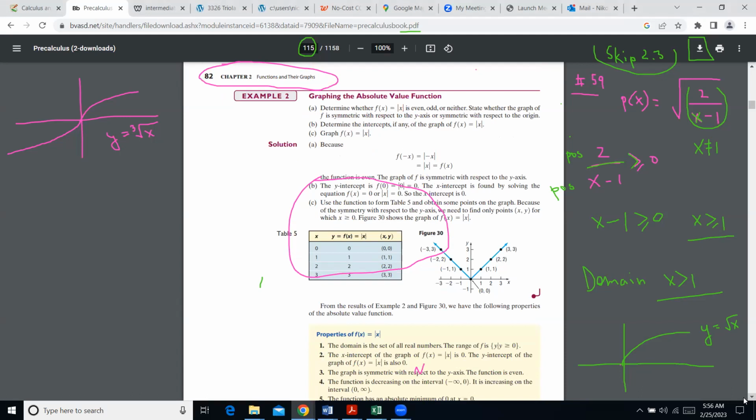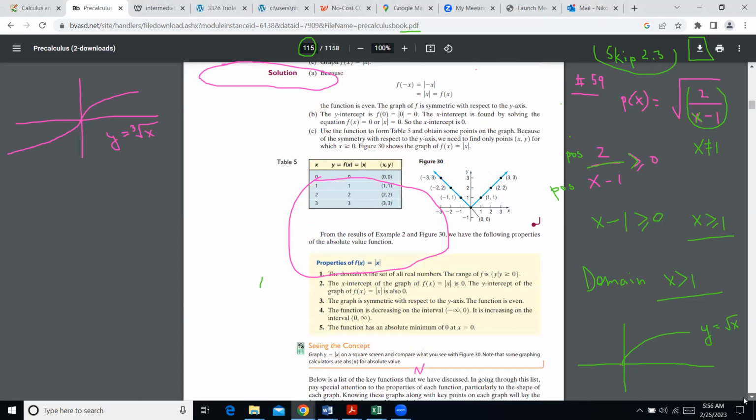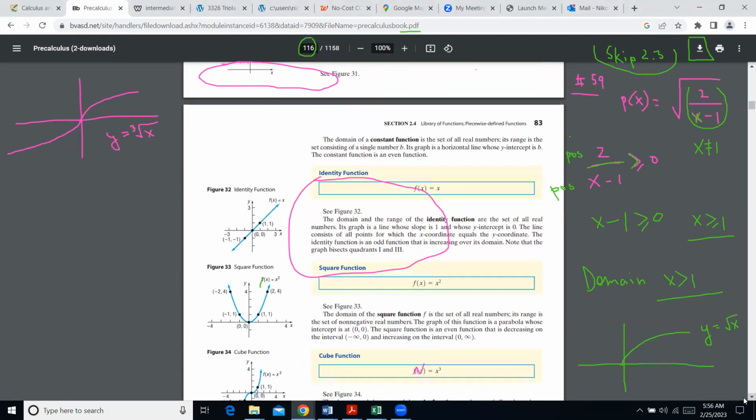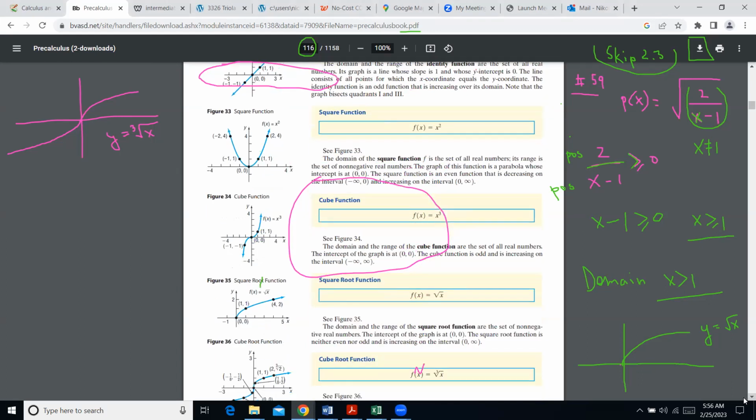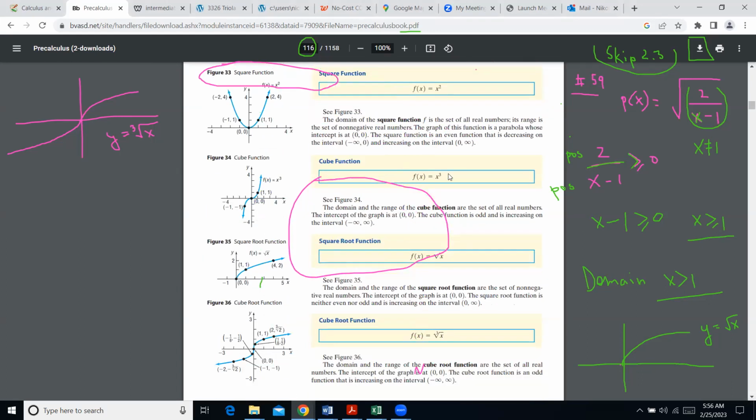And now let me move to those, the ones that we already saw today. And those are nicely put together on the next page.